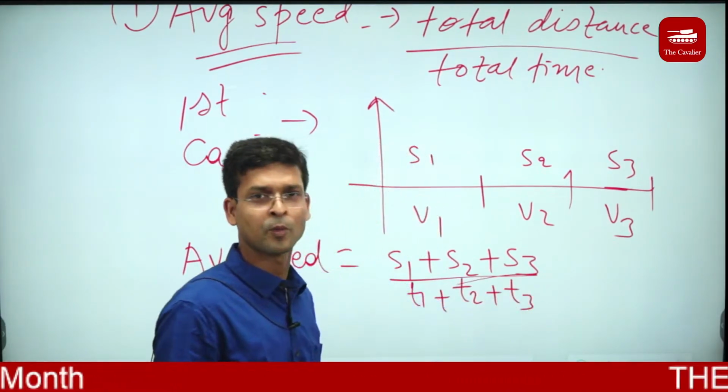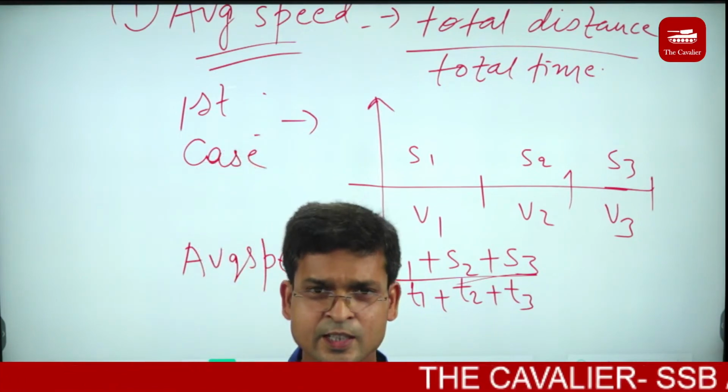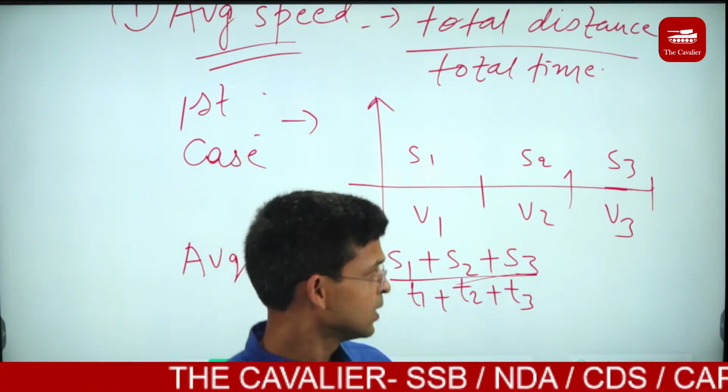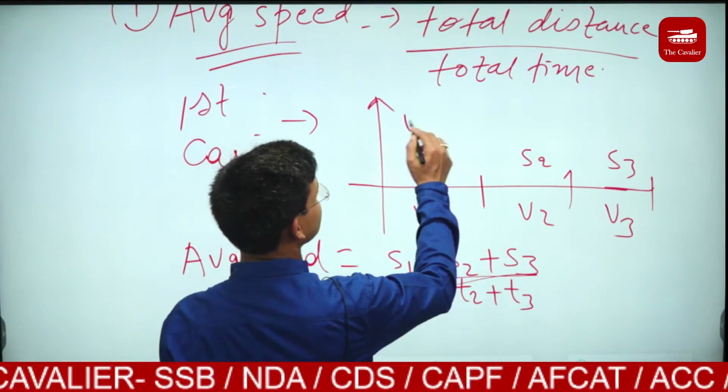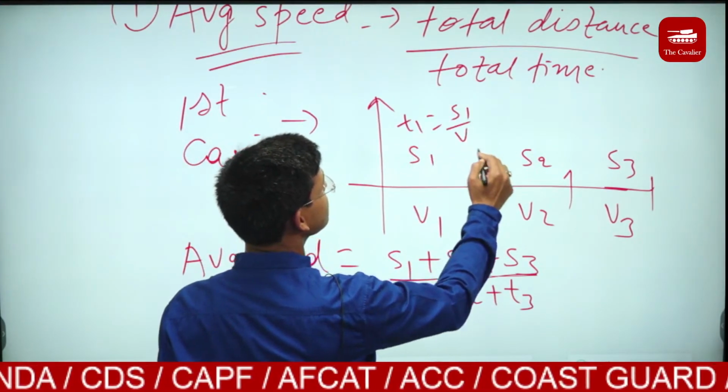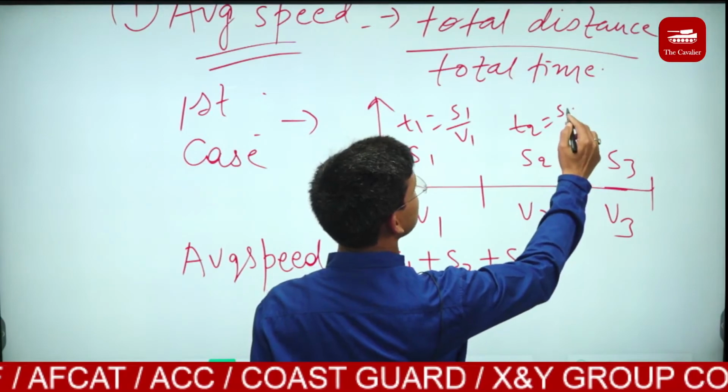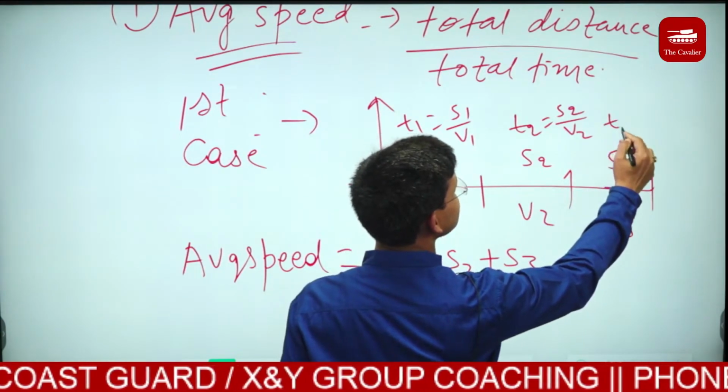Total distance upon total time. But in this case you don't have the time given. In every case we have to find t1 is s1 by v1, t2 is s2 by v2, and t3 is s3 by v3.